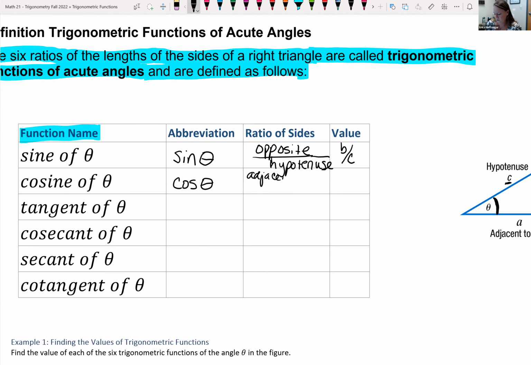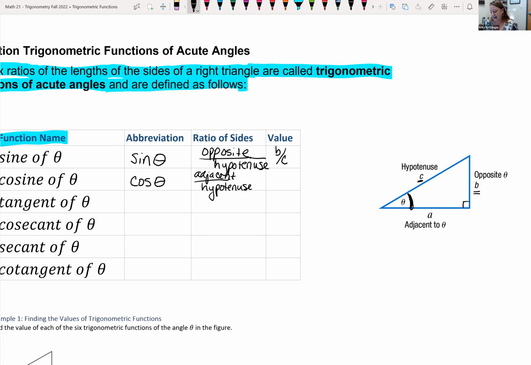If we locate where angle theta is, the adjacent side of angle theta is one of the sides that is sandwiching this angle theta, but is not the hypotenuse. And the hypotenuse is always opposite the right angle. So the adjacent side here is A, all over the hypotenuse, which is length C.